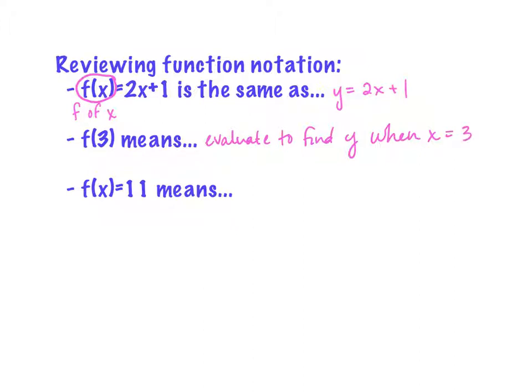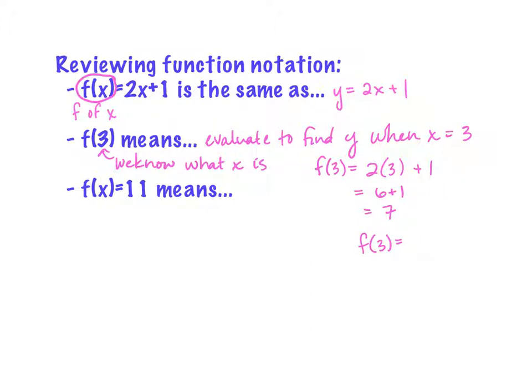So in this case, when there is no x sitting there, we know what x is, and we don't have to solve anything, we just have to evaluate. So that would look like f of 3 equals 2 times 3 plus 1. So 6 plus 1 equals 7. So f of 3 would equal 7.